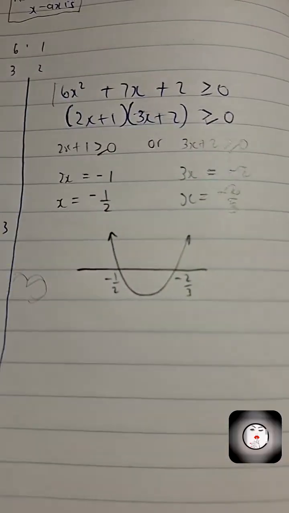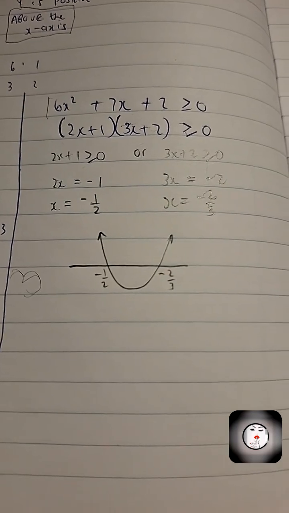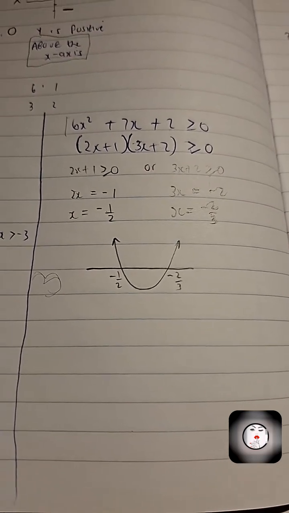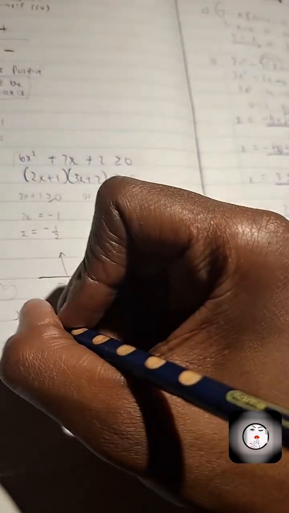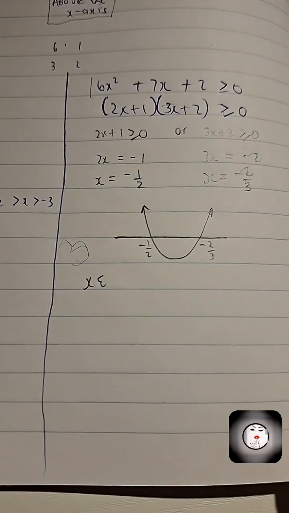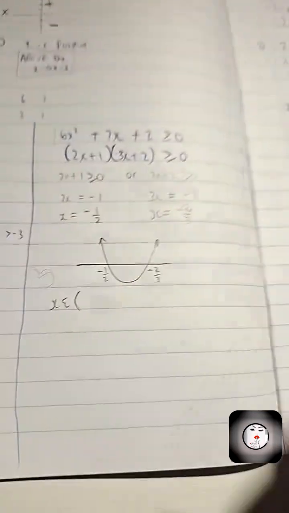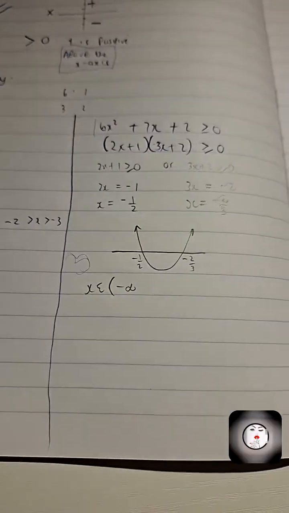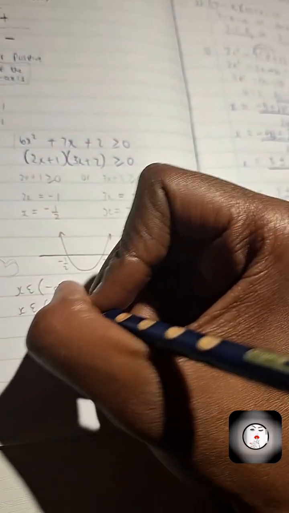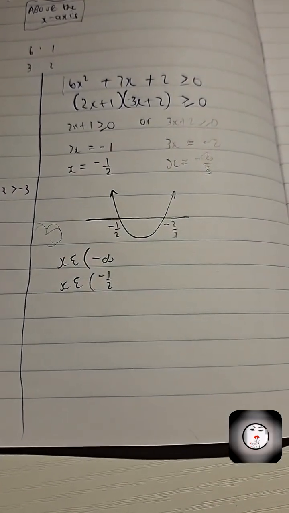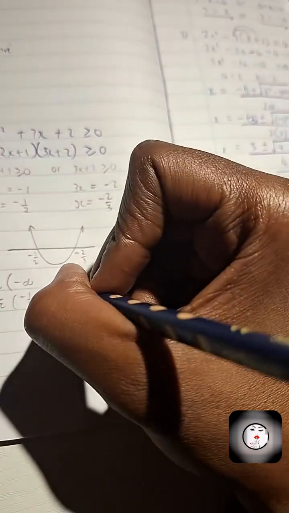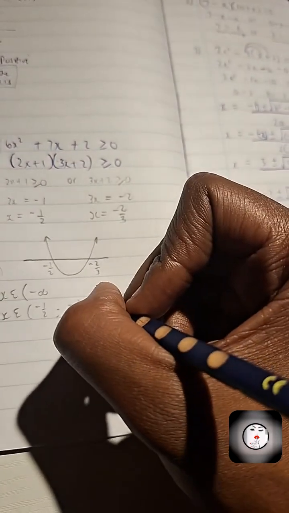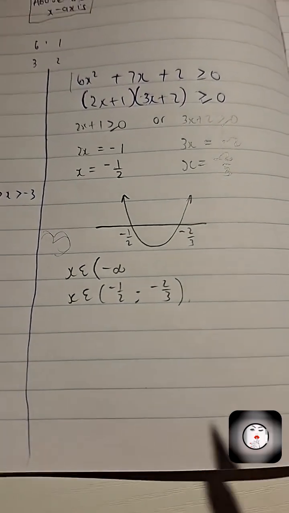Then I said x is an element of, open those big brackets, minus half, comma, minus 2 over 3, and then you close that big bracket. Like this? Yes.